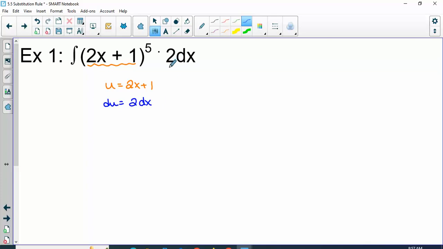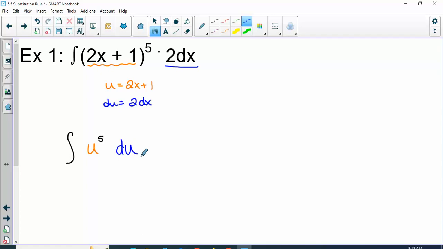So if I look at my problem, we have the integral. 2x plus 1 is going to get replaced with u, and that was to the 5th power. And 2 dx is going to switch to du.